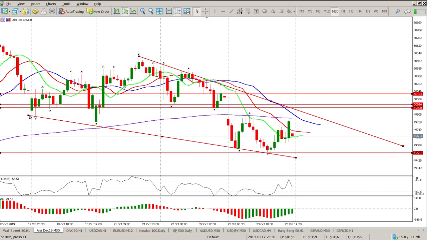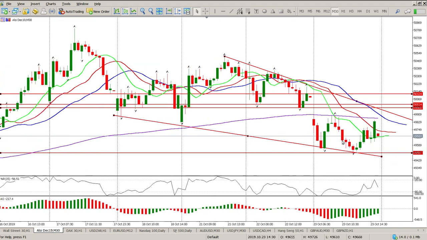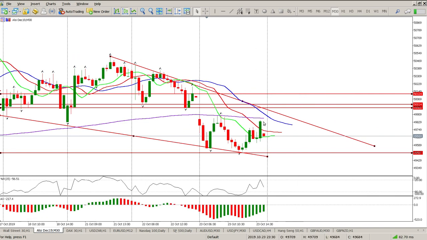Let's just adjust this correctly. I'll just leave it like that. We do have this wedge. It's a fairly large wedge at the moment, so I think the top trend line needs to break for it to have any chance of an upside.